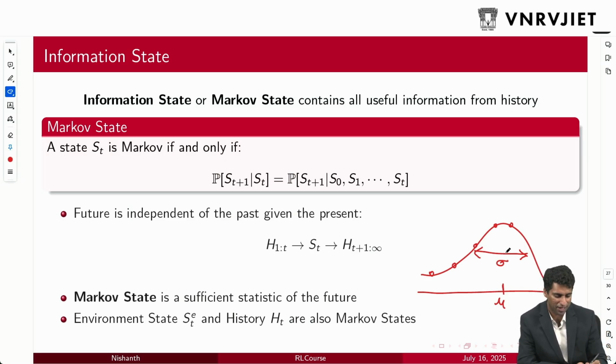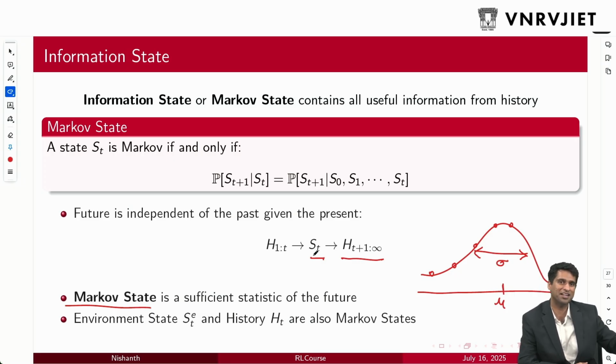In the same way, a Markov state can be considered as a sufficient statistic for the entire future. So any sequence of states or observations and actions and rewards that we can expect in the future can be modeled only given the current state S_t.